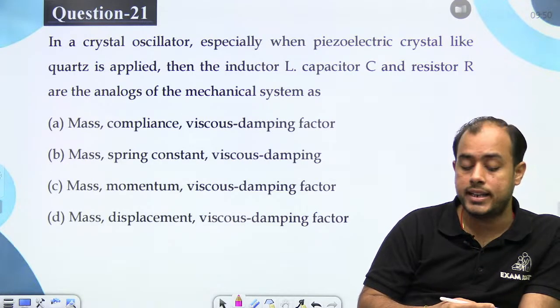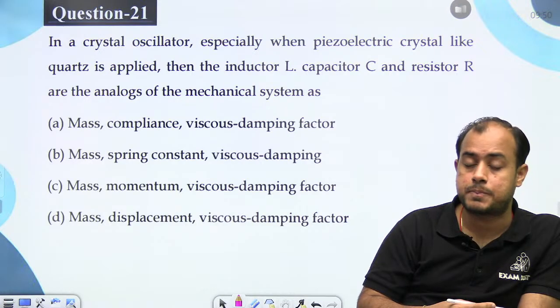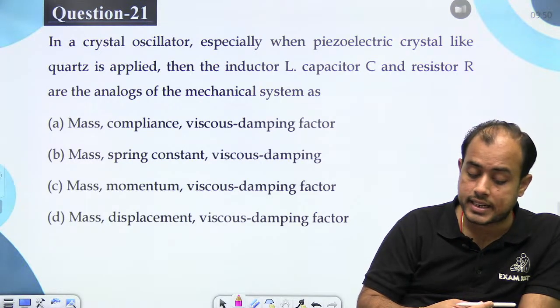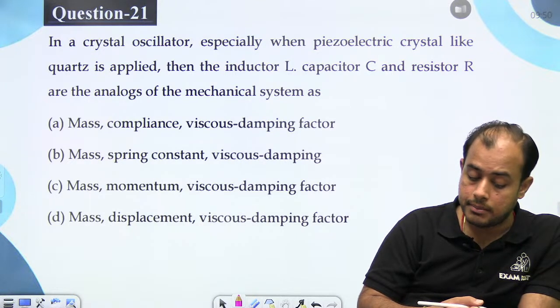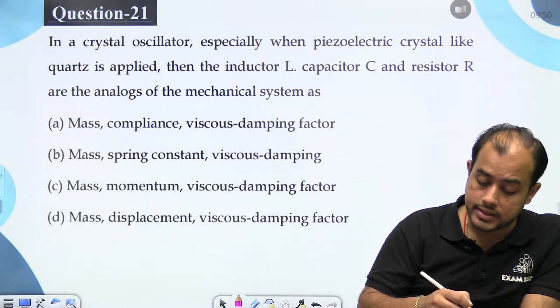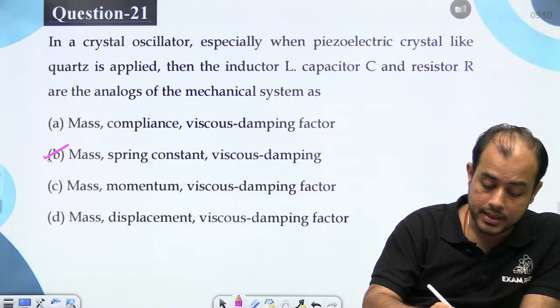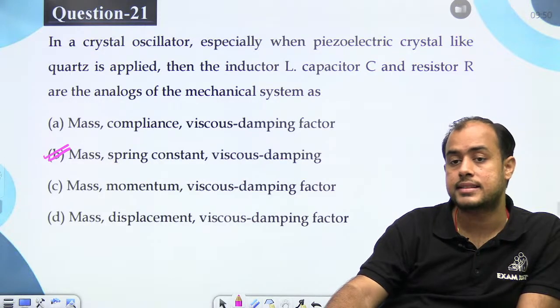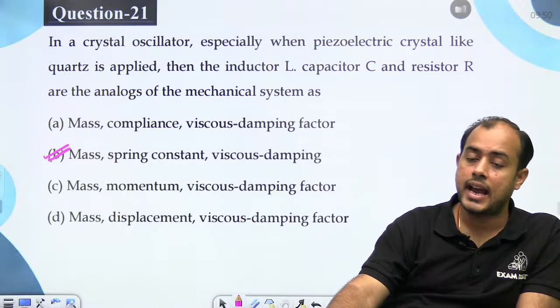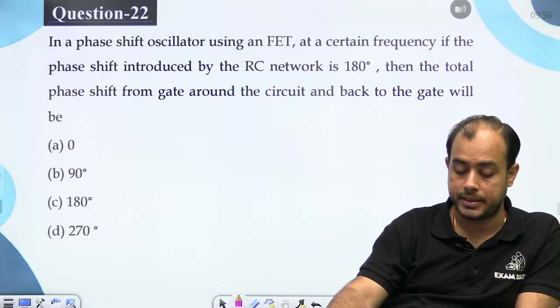ESE 2020, in a crystal oscillator, especially when piezoelectric crystal like quartz is applied, LCR are analogous to mass, spring constant and damping. L represents mass, C represents spring, and R represents damping.